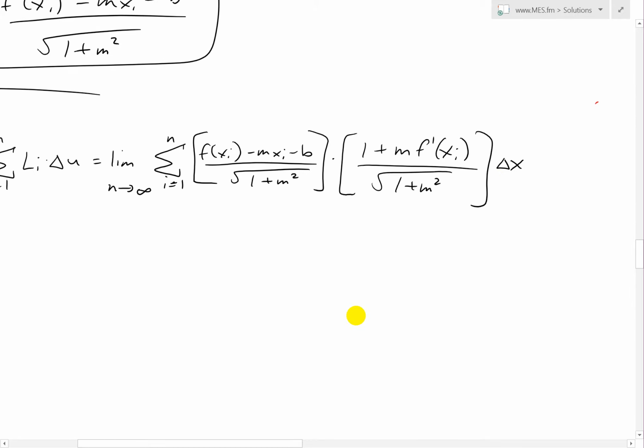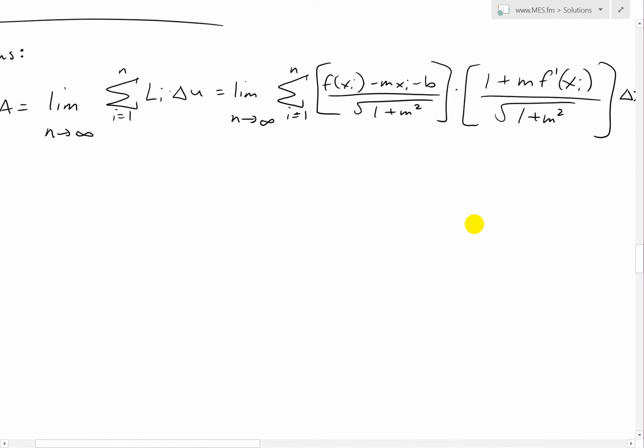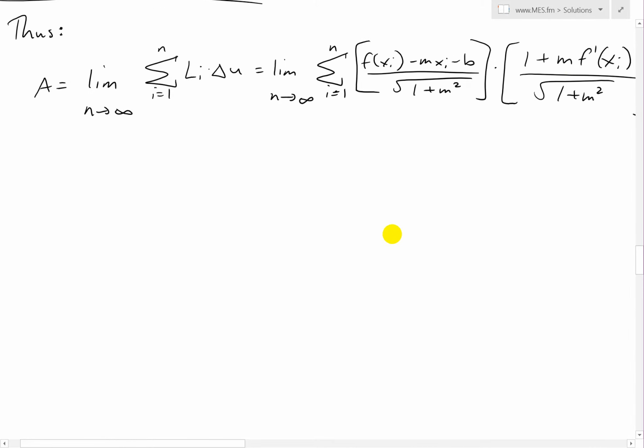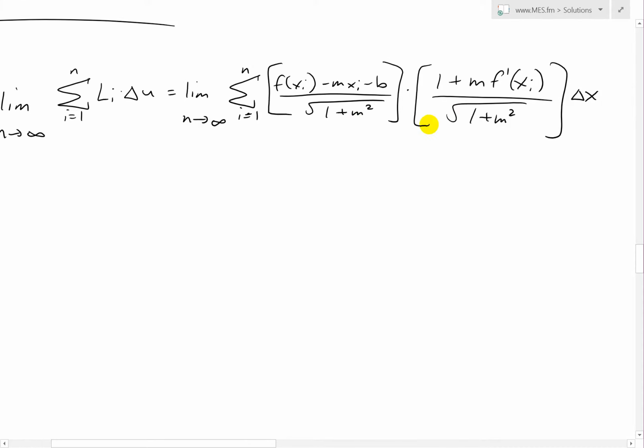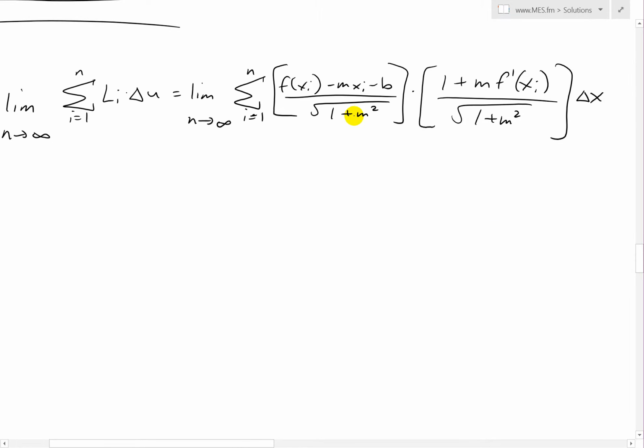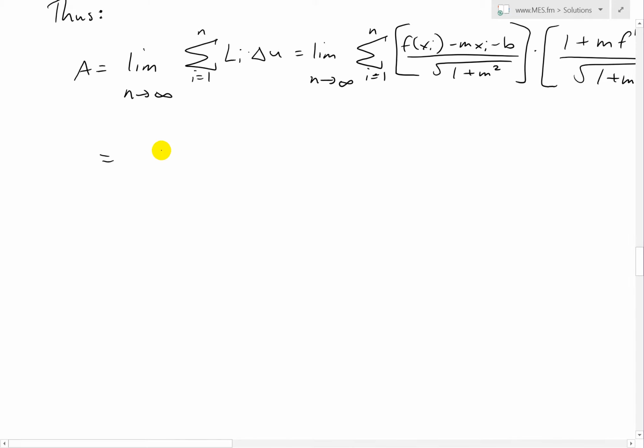So this is the Riemann sum, this is the definition of an integral, and since all these are in terms of x, we could also multiply these and move the 1 plus m squared out of the summation or the integral. Then the square roots cancel: the square root of 1 plus m squared times the square root of 1 plus m squared, they cancel, so we're left with 1 plus m squared.